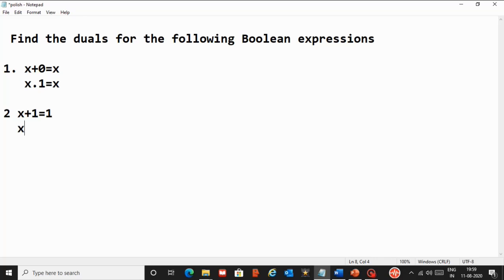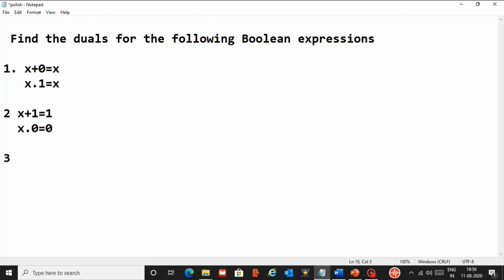So x remains as it is. Logical addition will become logical multiplication, that is plus to dot, that is or to and, and 1 to 0, is equal to 0, right? We need to do that because x dot 0 is equal to 0. Yes, that is also true.